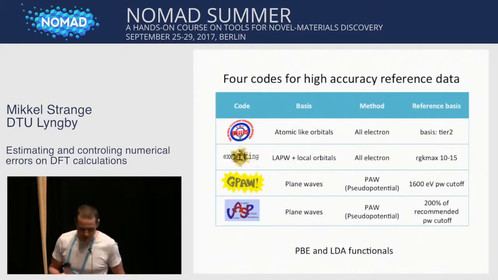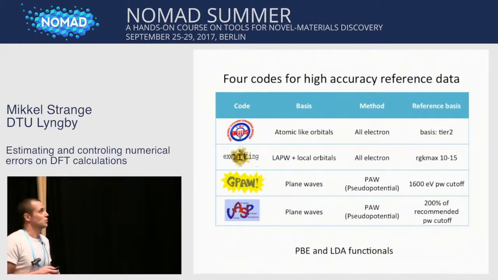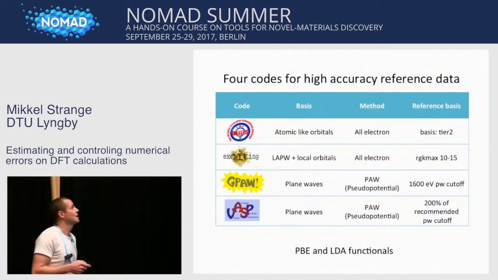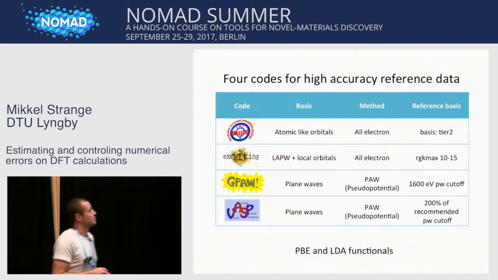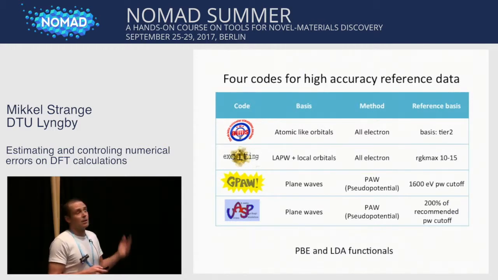So we have to do the calculation with some codes, and we chose these 4 codes out of, let's say, the 30 codes that are supported by NOMAD. There are 2 all-electron codes, 2 pseudo-potential codes. The reference basis was basically chosen by the experts or even developers of these codes.